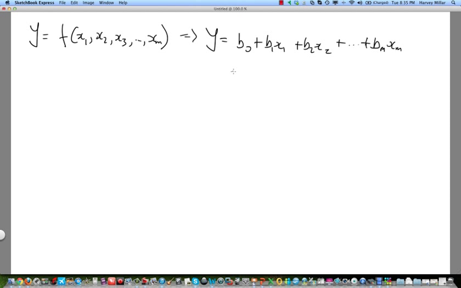And that could be, for example, if we wanted to predict, say, sales in the summer, which might be a function of things like population, temperature, right?